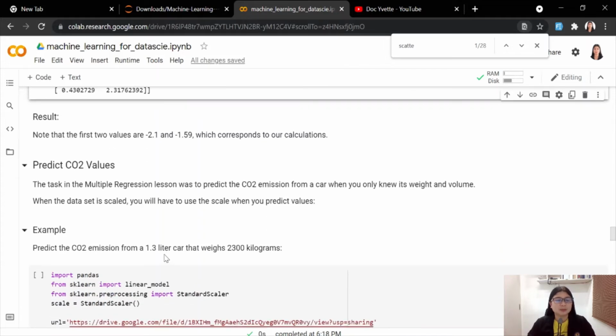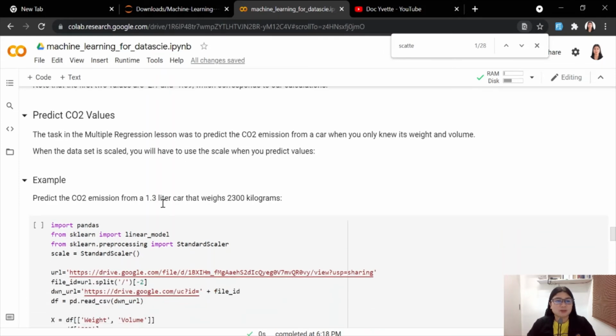Now we have to predict the CO2 values. The task in the multiple regression lesson was to predict the CO2 emission from the car when you only knew its weight and volume. When the data set is scaled, you will have to use scale when you predict values. Because we have the actual or real data for weight and volume, we used multiple regression, and we predicted the CO2 using the actual weight and volume.